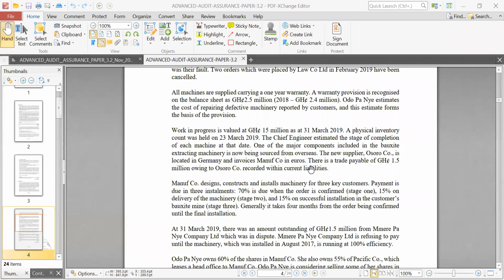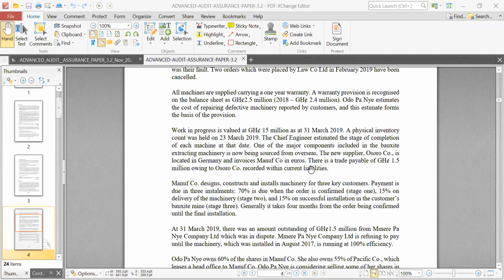Does anyone see anything else before I say? The payables? Okay, yeah, that's a good one. There may be an issue of foreign exchange losses or gains, because one of their main suppliers invoices the company in euros, which is different from the currency they operate in.